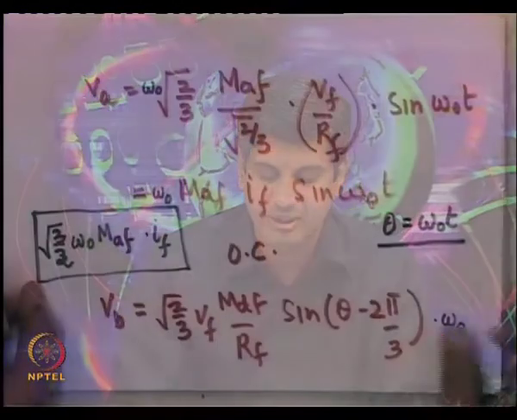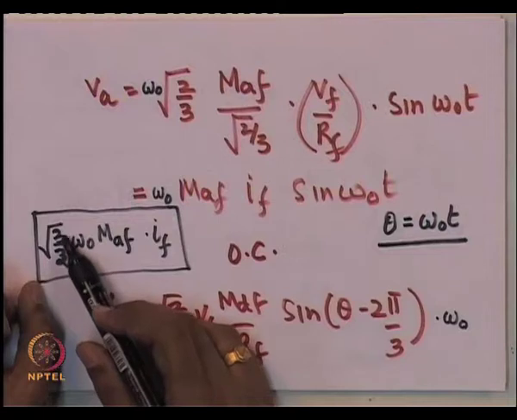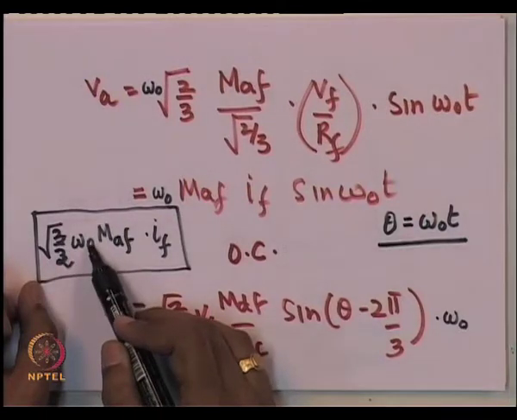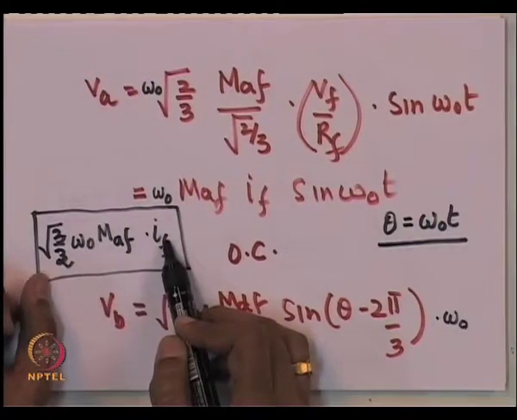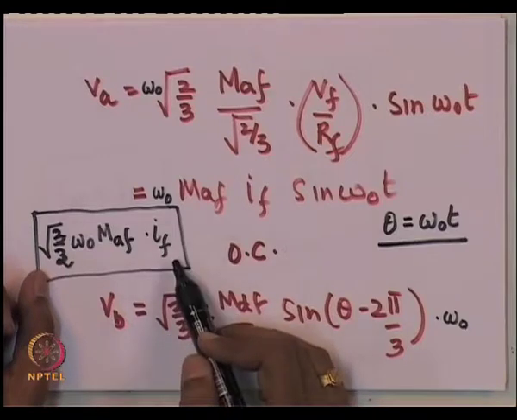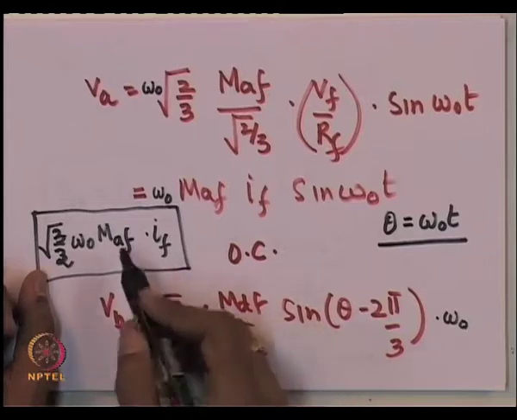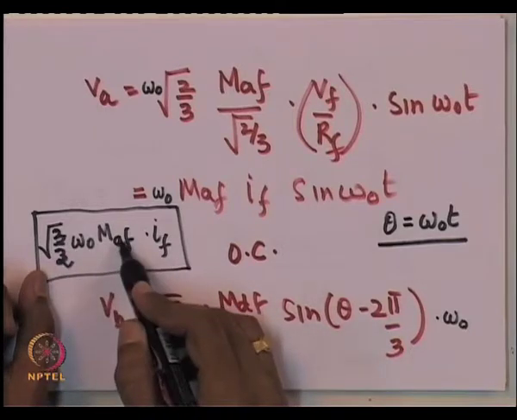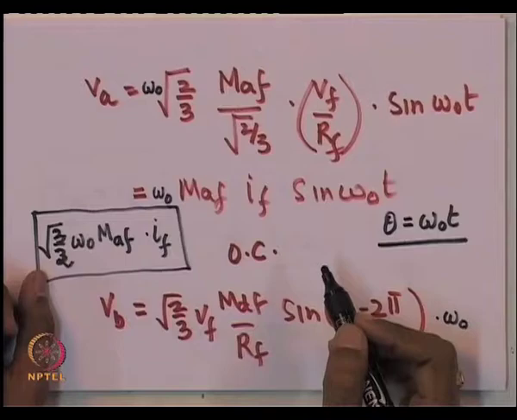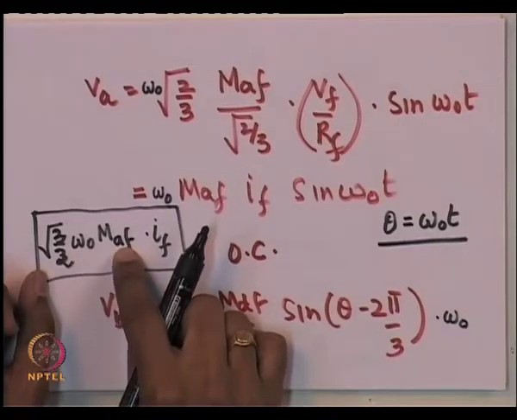Please remember that we did an open circuit analysis of the machine and we got root 3 by 2 into omega naught into M A f into I f as a line to line RMS voltage magnitude. Now, root 3 by 2 into M A f is nothing but M D f, and omega naught into M D f is x d f.